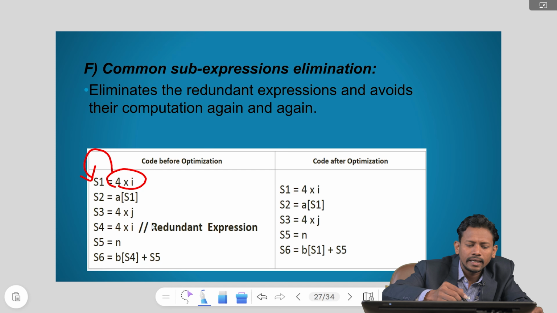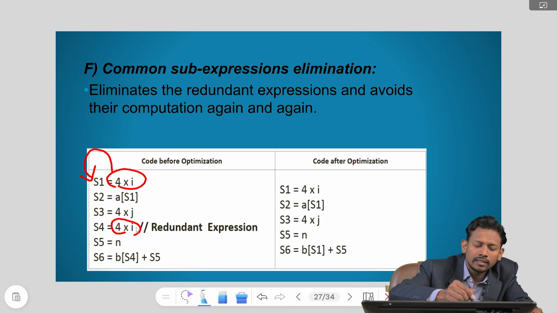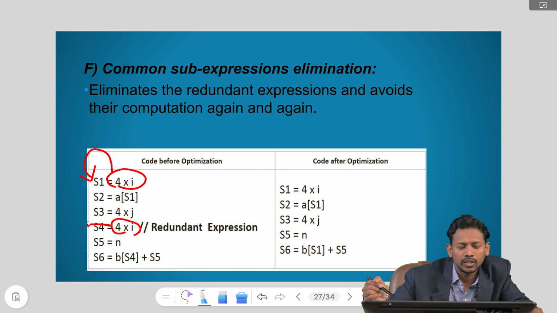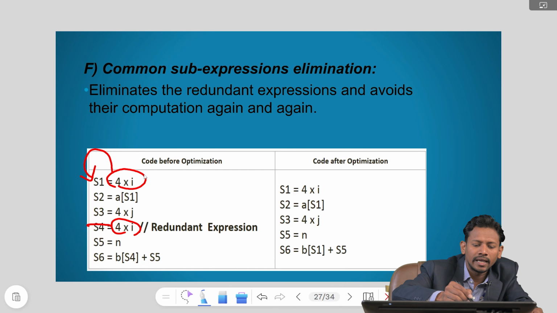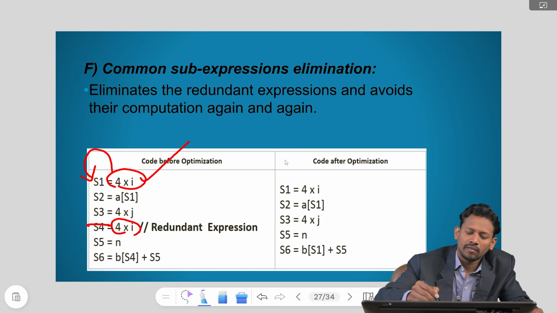There is no need to calculate this 4 multiplied with I again, as we have already calculated it, and no need to save it in one more variable S4. Already the value of 4 multiplied with I is stored in memory in the S1 variable.